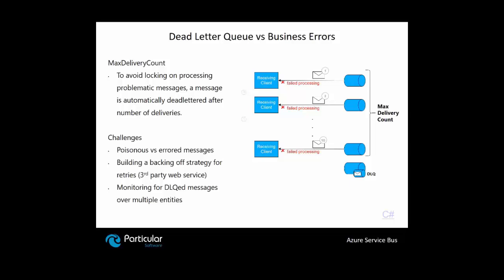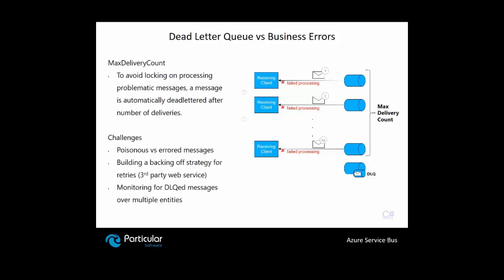When you're, for example, using a third-party web service, can it actually handle this scenario where we retry things 10 times and then maybe again when we resubmit from the dead letter queue? And finally, each entity has its own dead letter queue, so it becomes quite a challenge to start monitoring all of the entities in your namespace.